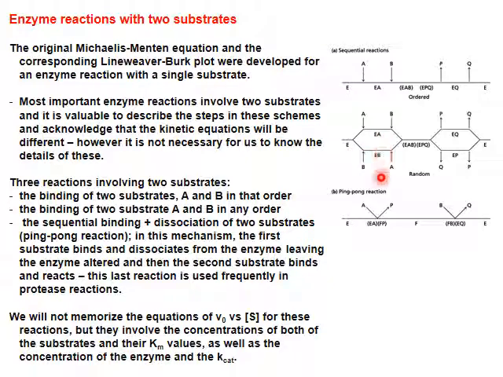The ping pong mechanism, which is what serine proteases undergo, the enzyme does change its form from an E form to an F form, and that's because it's a covalent modification on the enzyme, and so it's been converted to a different enzyme form. But notice eventually that you end up with your free enzyme at the end.